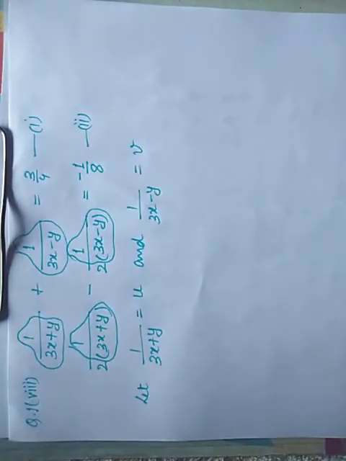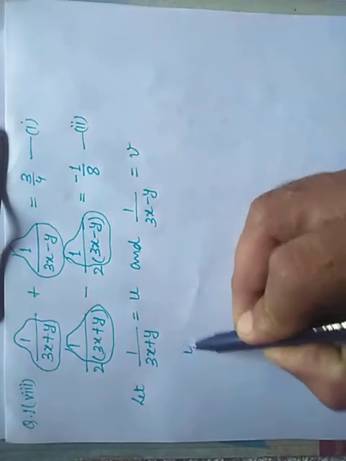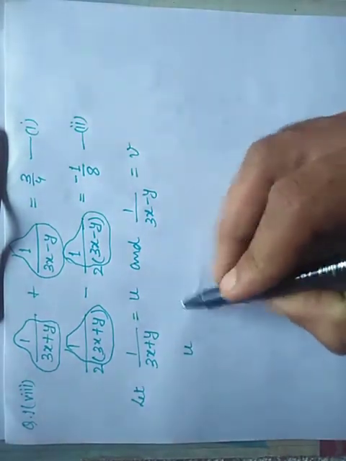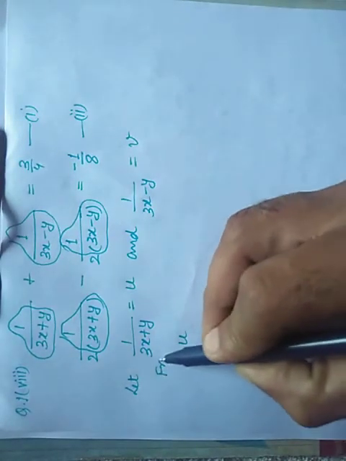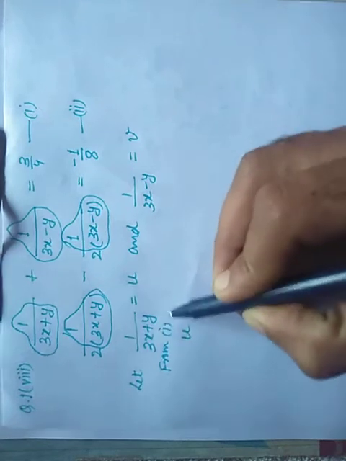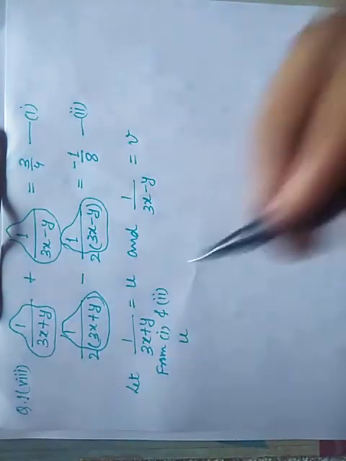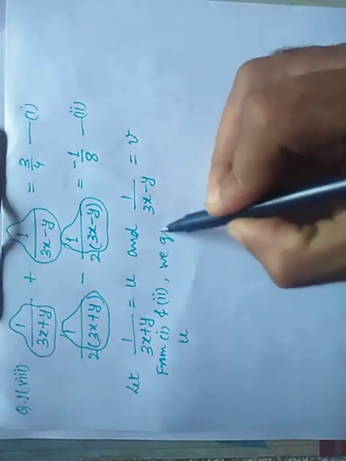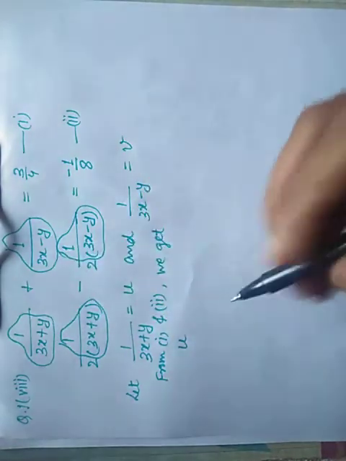Okay, so the equation will be reduced to, it means we can write from 1 and 2 we get u plus v.